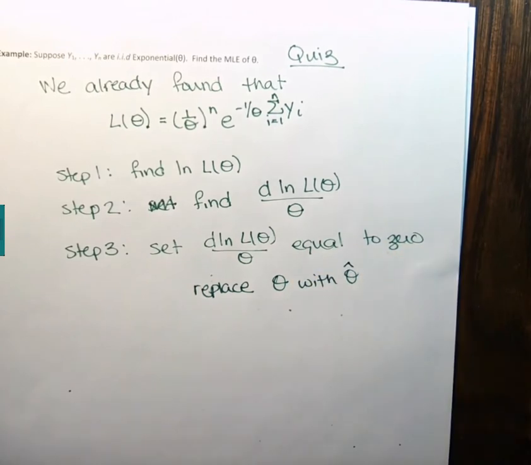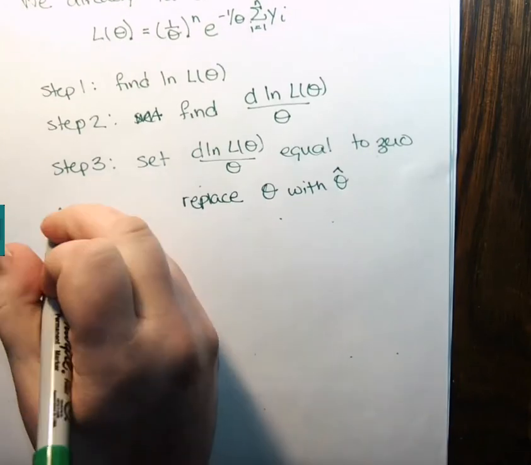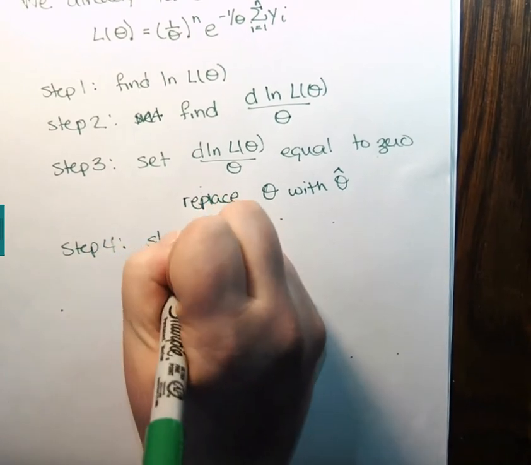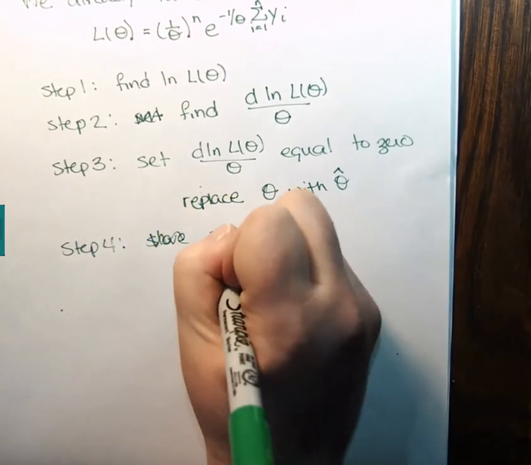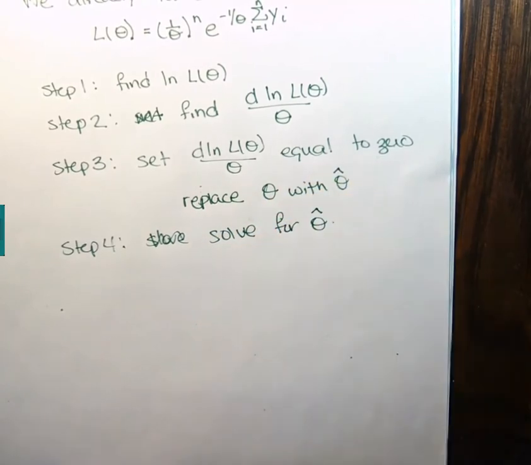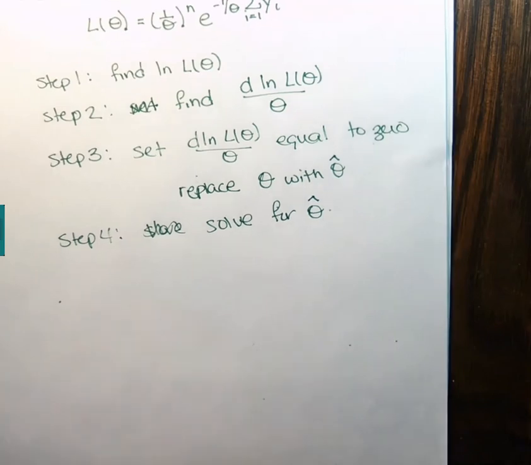In other words, the notation for the estimator, because once we set it equal to 0, we're looking at a specific instance. And then step 4, you're going to solve for theta hat. And that's how you'll find the MLE. And what you should find is that the MLE is equal to y bar, which again we already showed was MVUE in the previous notes.